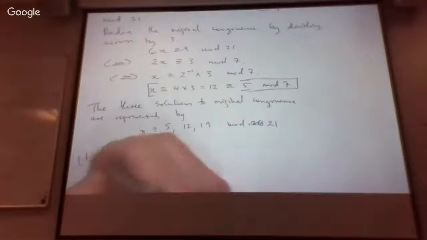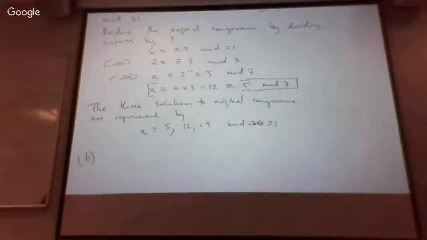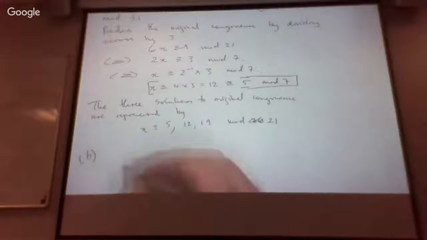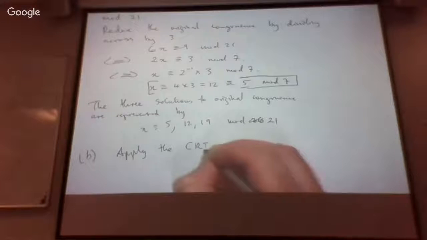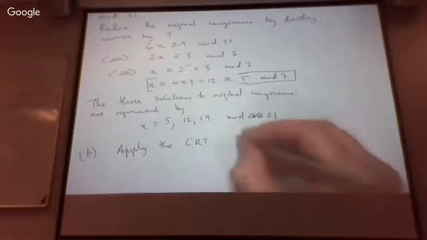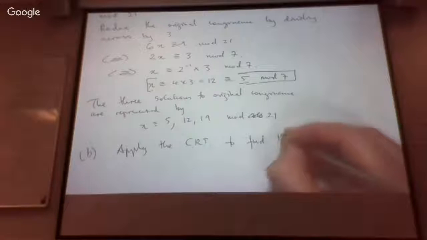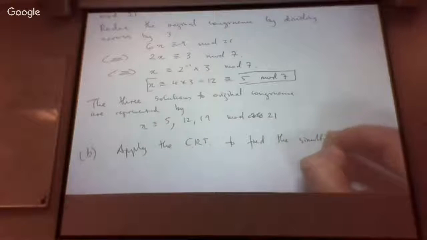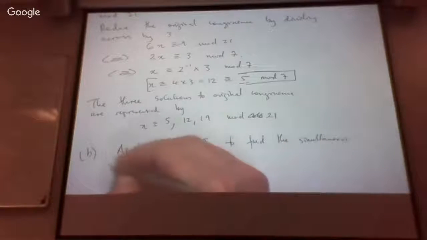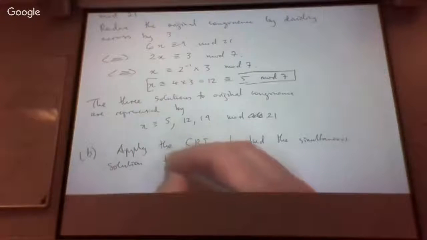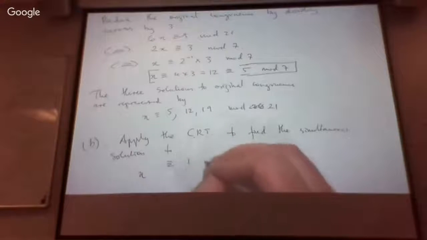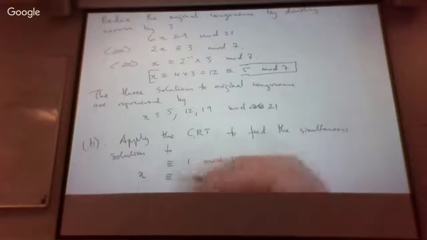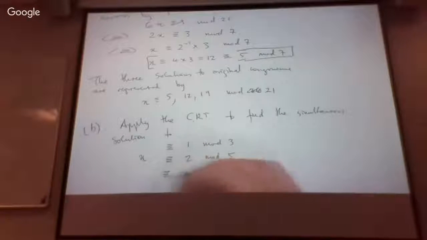Question B is about applying the Chinese remainder theorem. This is quite straightforward as well. So the Chinese remainder theorem to find the simultaneous solutions to x being congruent to 1 mod 3, 2 mod 5, and 7 mod 11.